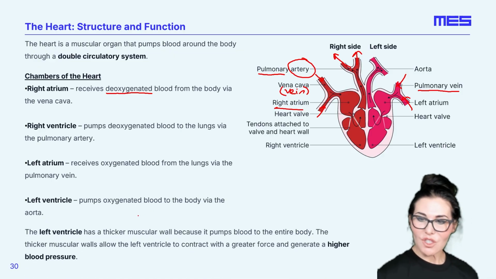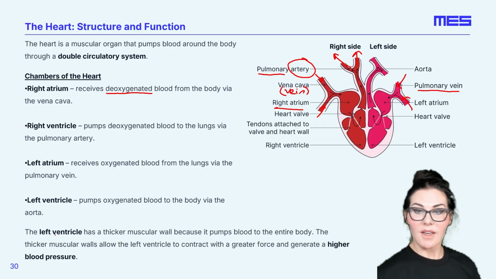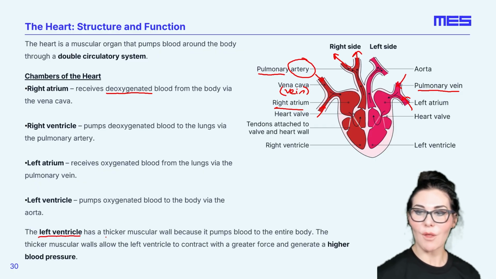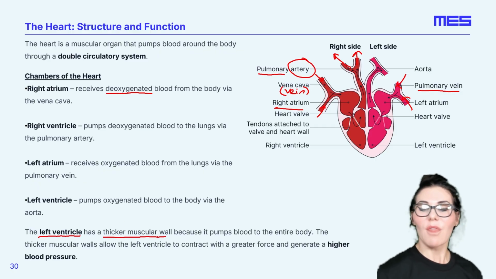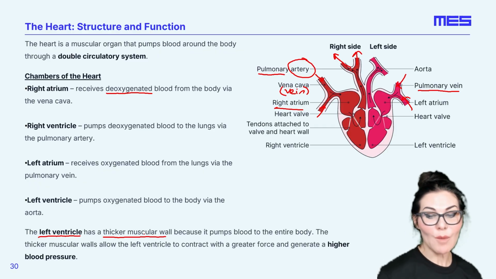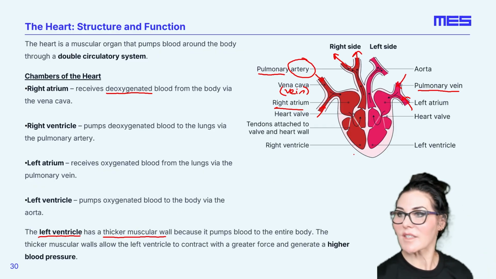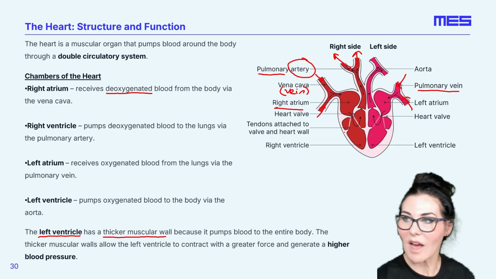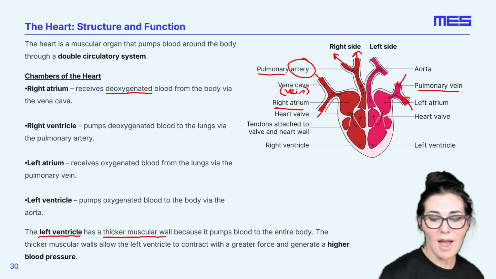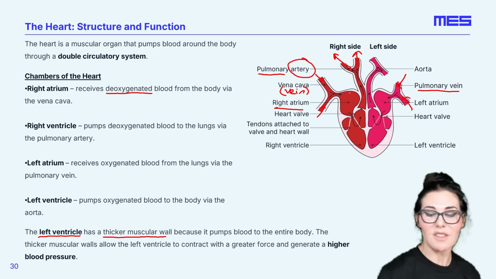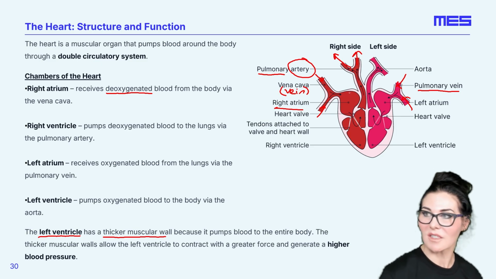The other question that comes up regularly is why the left ventricle has a thicker muscular wall than the right, and it's because of how much pressure is needed to push that blood to where it needs to go. It's logical. The right ventricle, when it contracts, pushes blood to the lungs, which are right next to the heart, so there isn't much distance that blood has to travel to reach its destination.